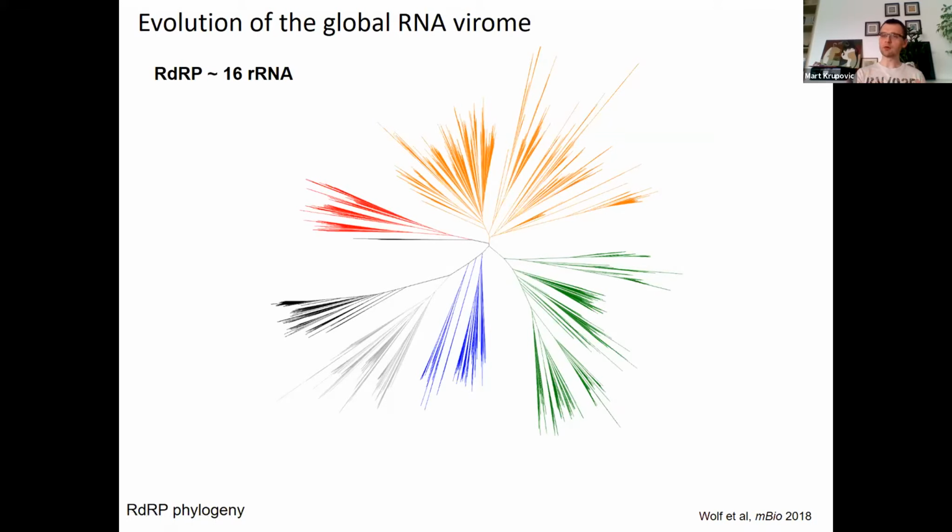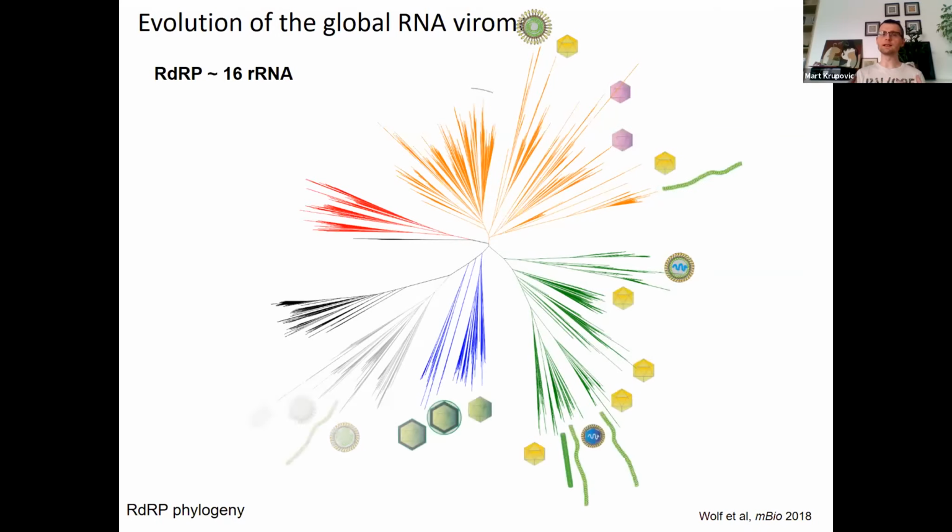But if you look now at the morphogenetic module of RNA viruses, what you find is that they are extremely diverse, having all kinds of virion morphologies and structures.